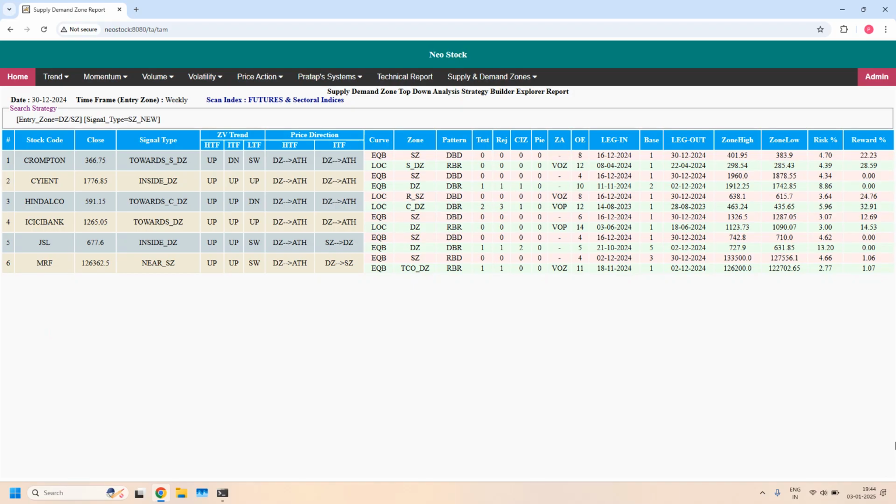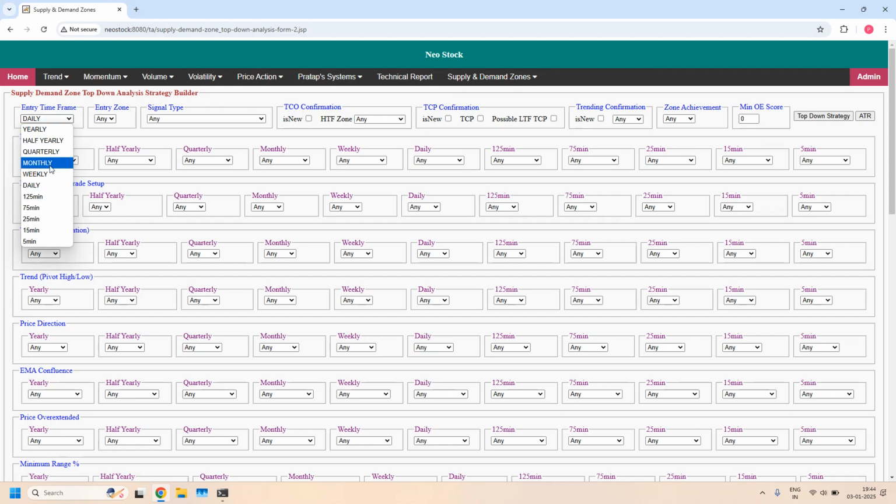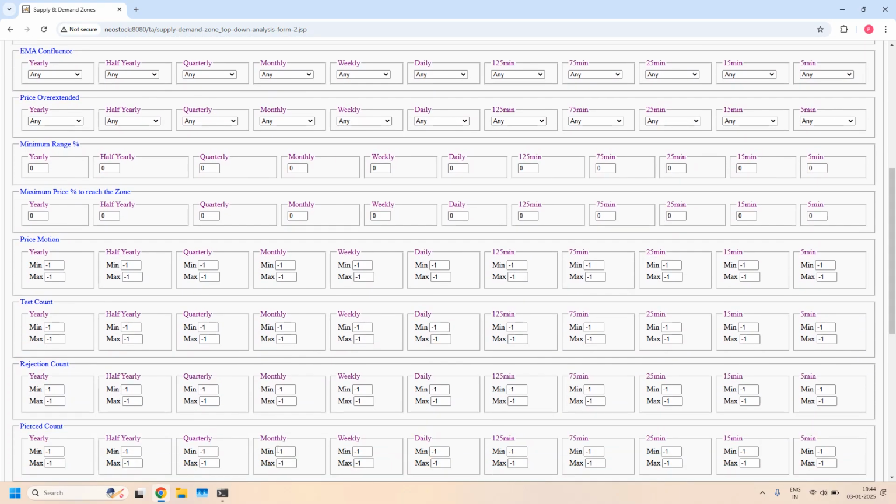Okay, now we will also filter based on zone confluence, because earlier we filtered based on stocks price closed inside the zones. Now we will mix demand zones, zone confluence and EMA confluence together. So weekly time frame, the weekly demand zones, first they should not be pierced at weekly time frame.